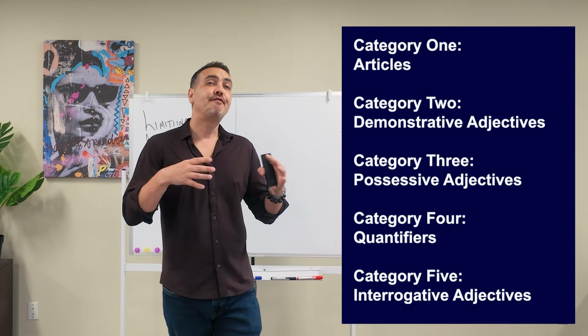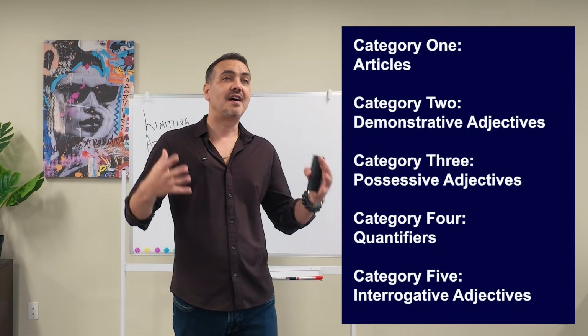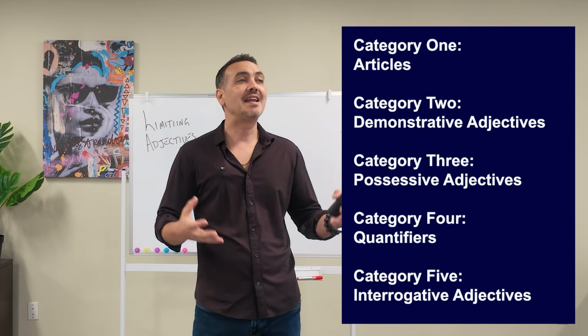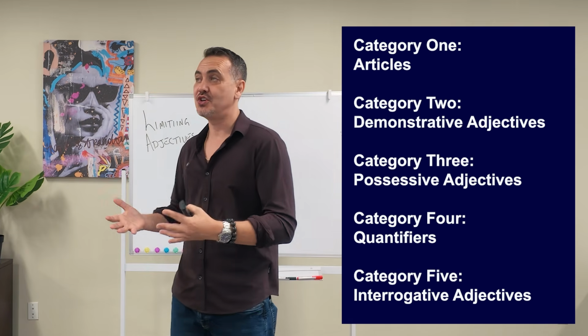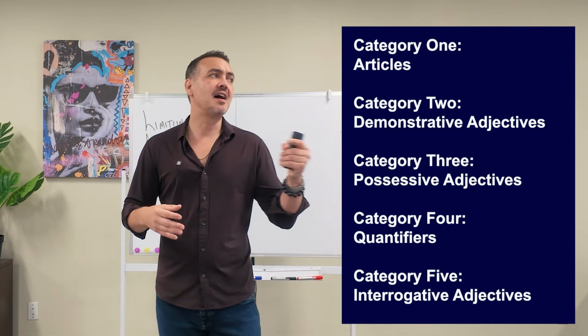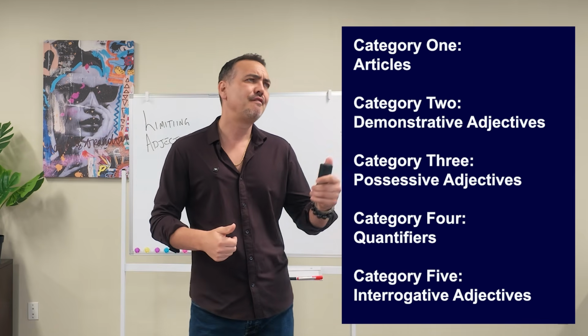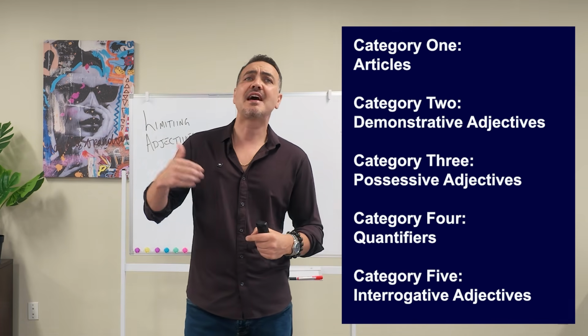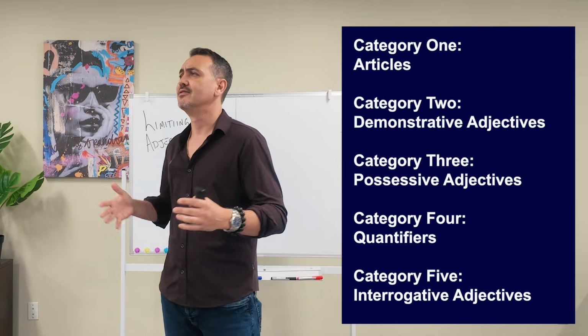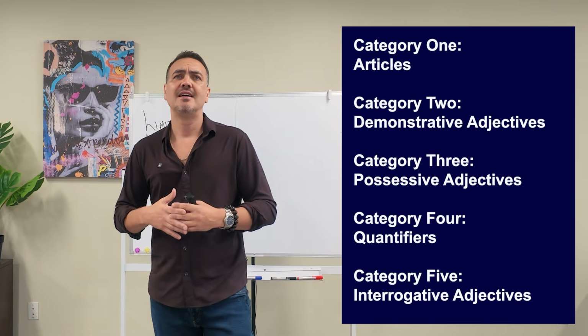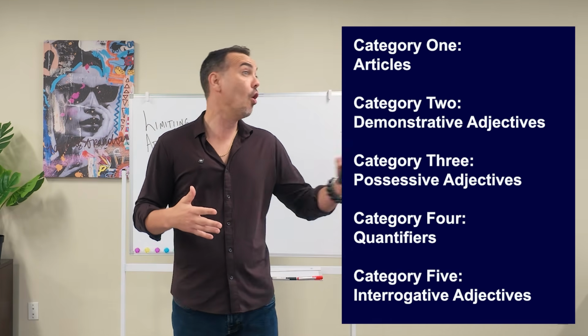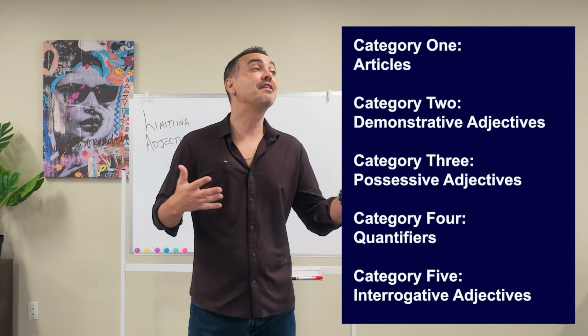Now, category four is quantifiers, and these tell us how many or how much. Some, many, few, several, all, each, every, no, neither.